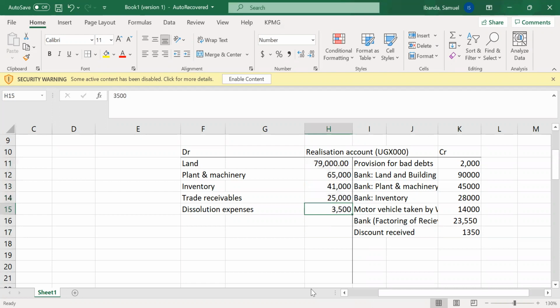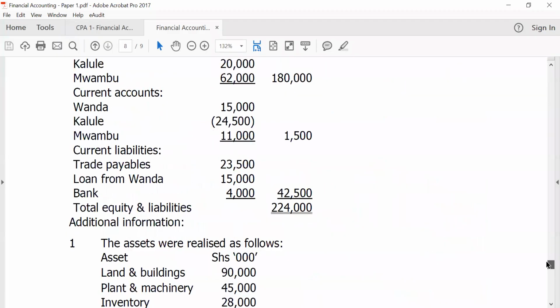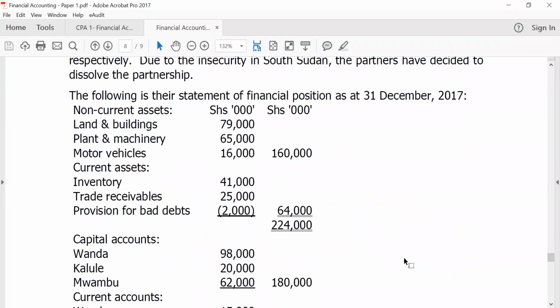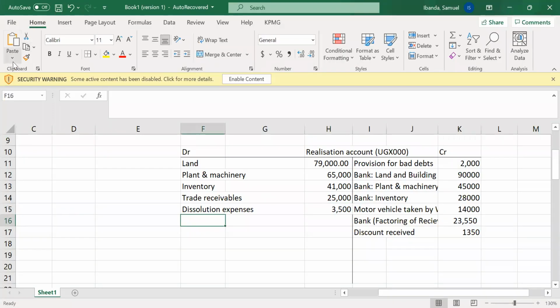I think what we had not included is this motor vehicle. When we were copying the information, I think we didn't transfer this motor vehicle in our realization. Remember, the concept says we should transfer all the assets. So this 16,000, we had left it out here. So you try to analyze as you look at your question paper and see what you basically have.